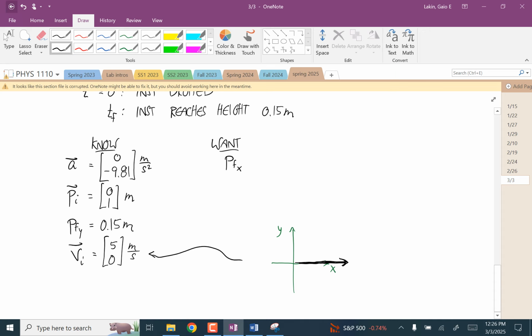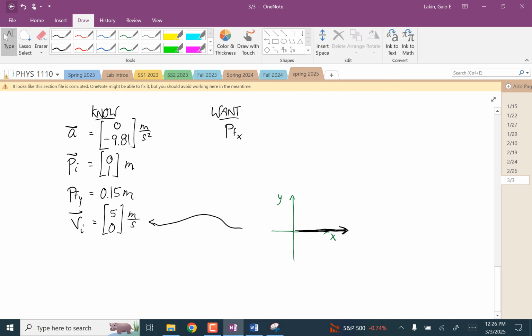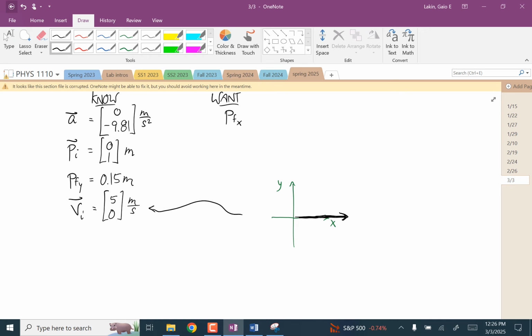Okay, so now if we're trying to find p of x, we know that has to come from an x equation. So you can check the 3 x equations. None of them would work in this case. And so no equation works.